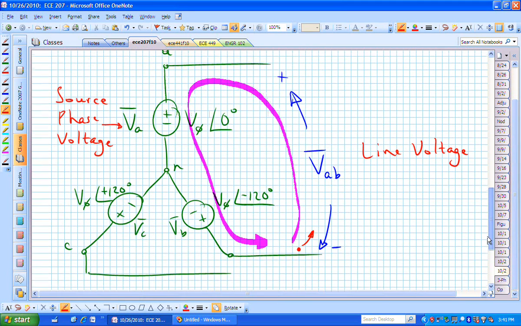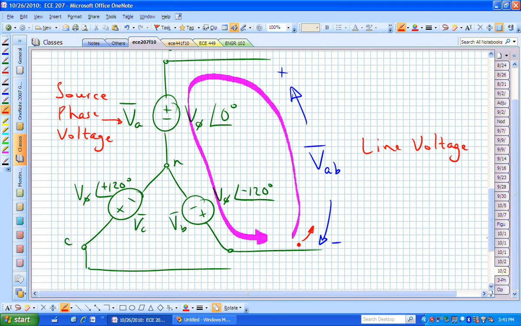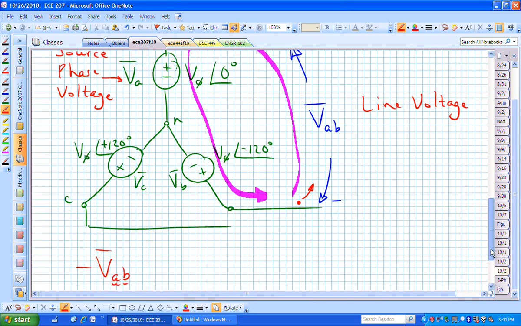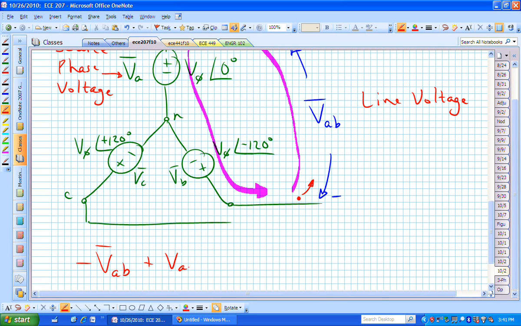The next thing I come to is actually the positive terminal of the A phase voltage, and so I now have plus V sub AN. And then I come down through V sub B through the negative terminal, which is really minus V sub BN.